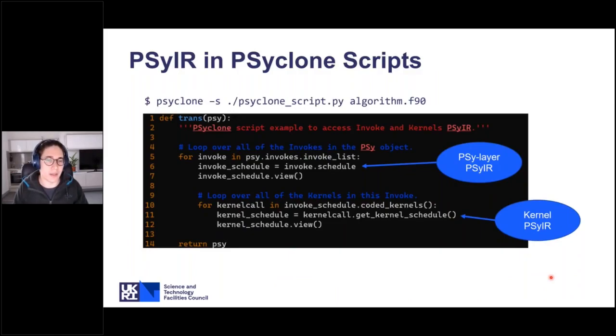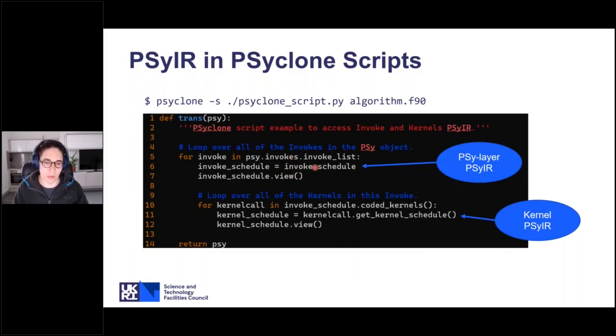So finally, here is an example of a script. When you execute PSyclone on a specific source code, you are able to specify a script. And this is the simplest script that I could come up with to get access to the PSy-layer PSyIR. In this case, the PSy-layer PSyIR is found by getting the schedule of a specific invoke.